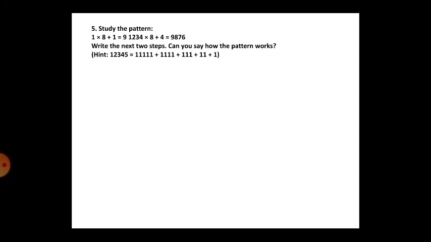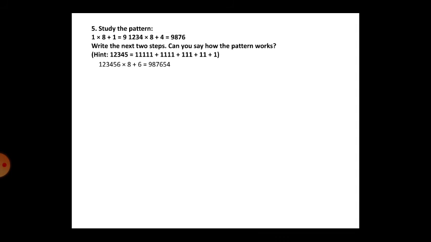You write 11111, expanding by taking 1 number at a time. In the ones place you fill 1, in the tens place also 1, hundreds place also 1, thousands place also 1, ten thousands place also 1. Like that you are expanding here. This is the hint, like this you have to do.